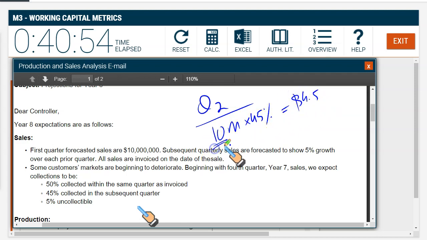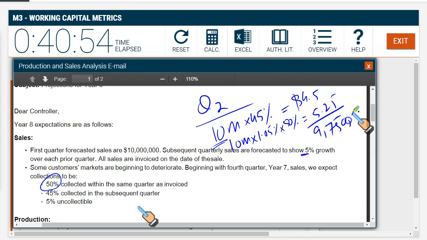Then sales go up by 5%, and I'm going to collect 50% of the second quarter sales. It's going to be 5.25. The total is going to be 9.75 million.